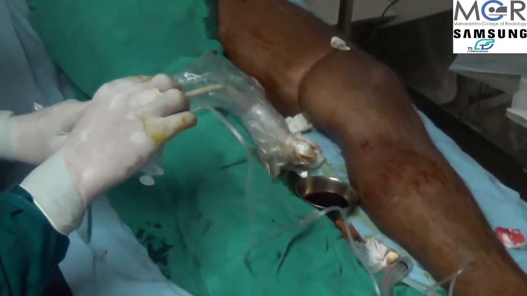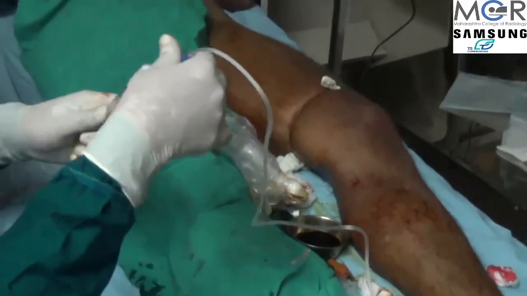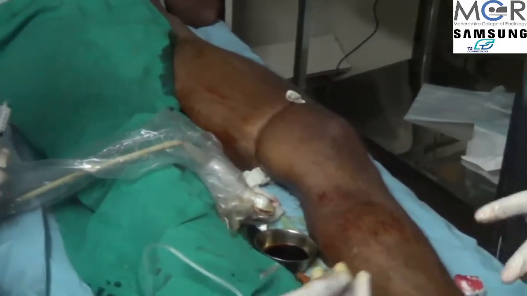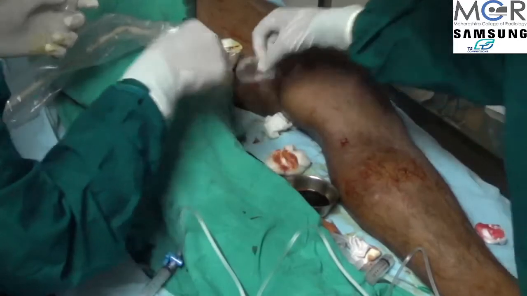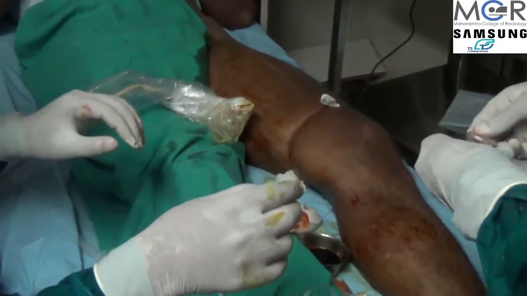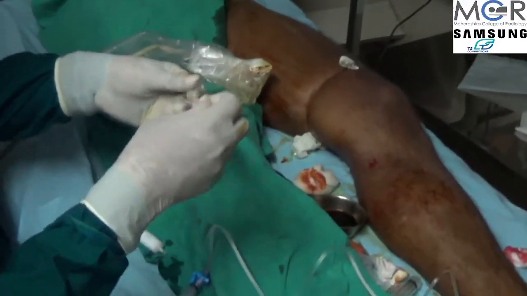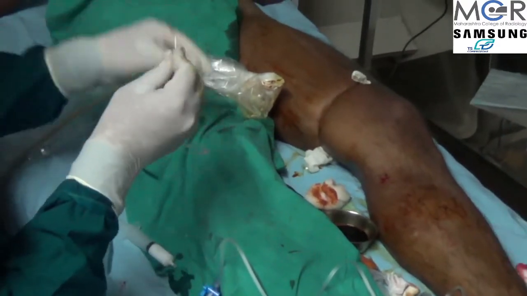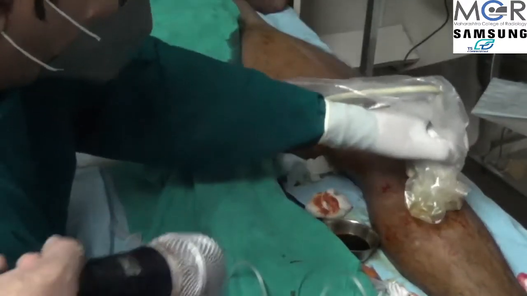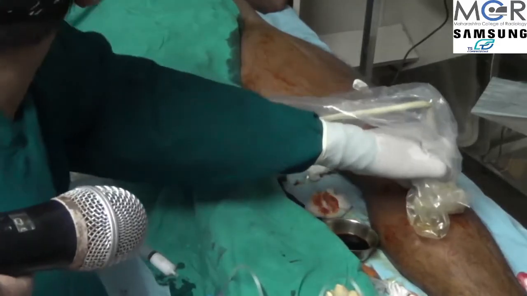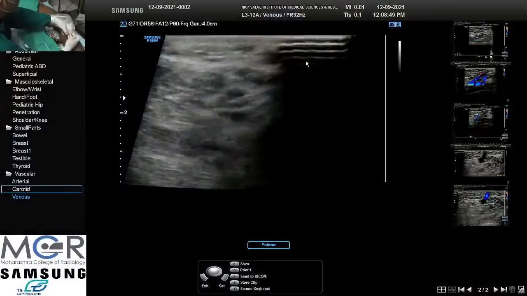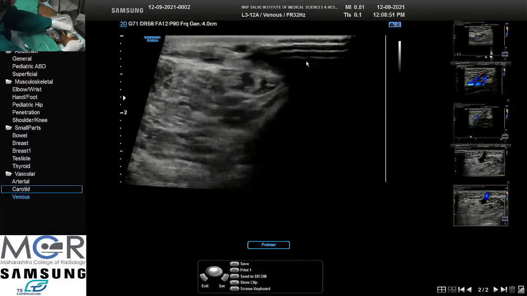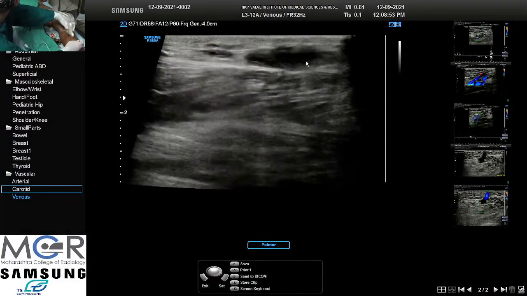This is foam. This is a 20 number scalp vein needle, 20 or 22. You can use a thinner one also, no problem.